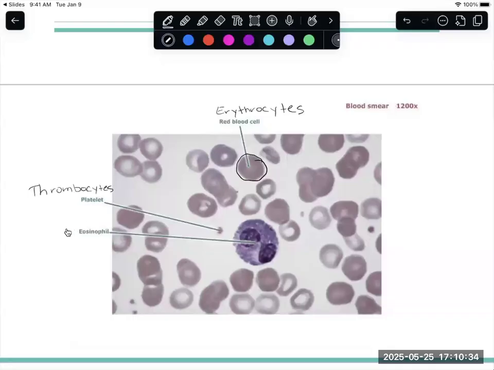This eosinophil is a specific type of white blood cell that gets activated during parasitic infections, allergic reactions, and they're also thought to potentially play a role in destroying cancer cells.